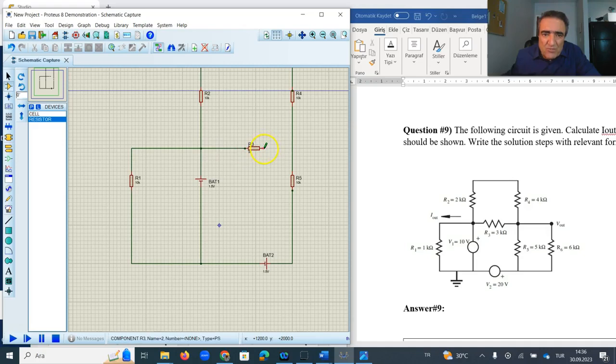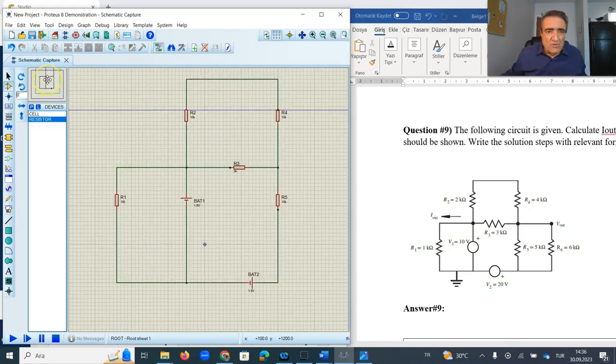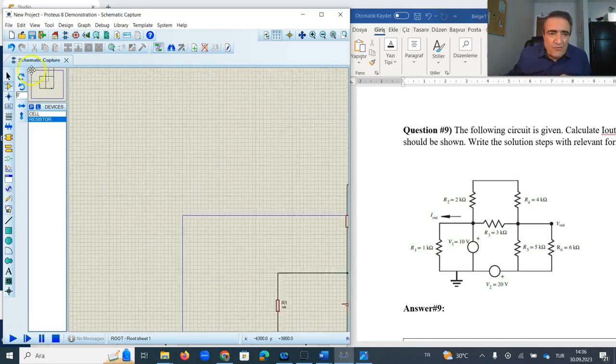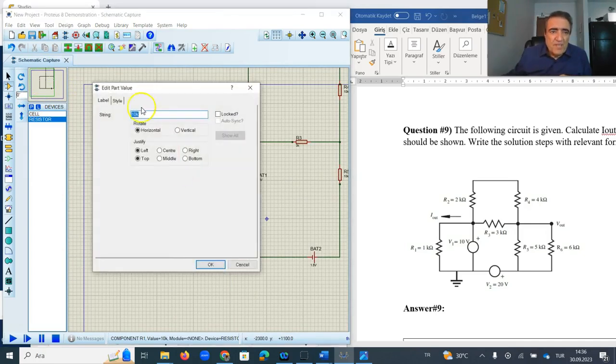You know, my screen is small and therefore I cannot see clearly. If you work on a big screen, then it is easier for you to read correctly. Okay, first of all, I want to change our values. R1 should have a value of 1 kilo ohm. Here I am changing to 1 kilo ohm.